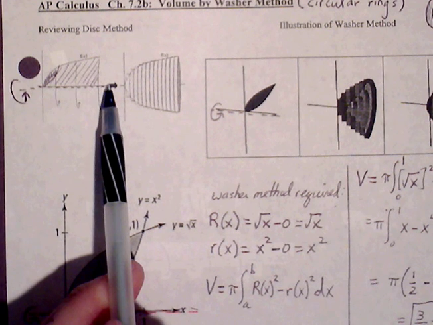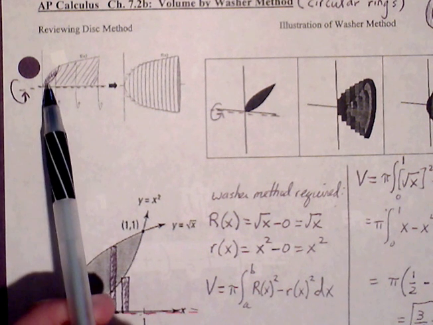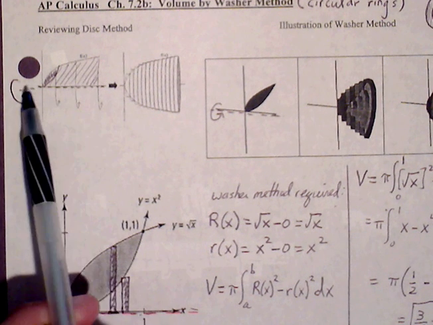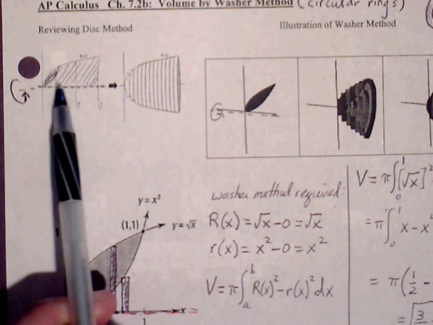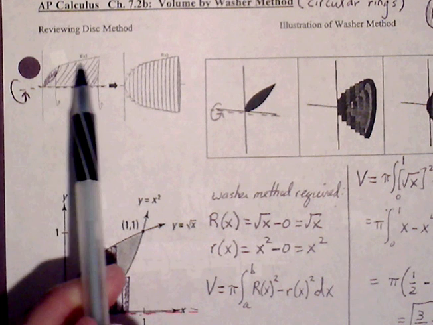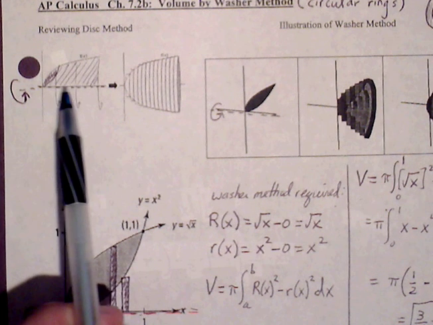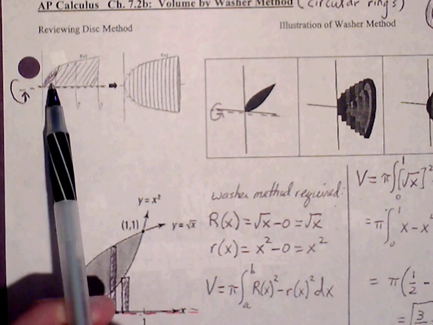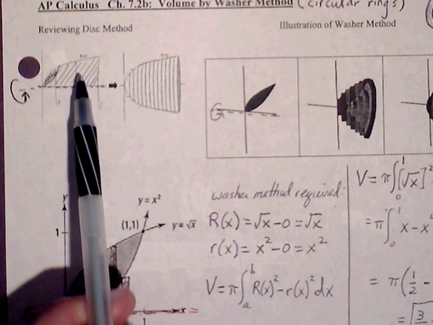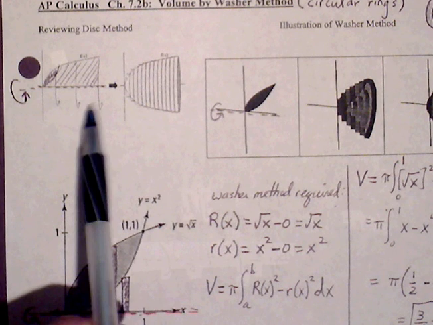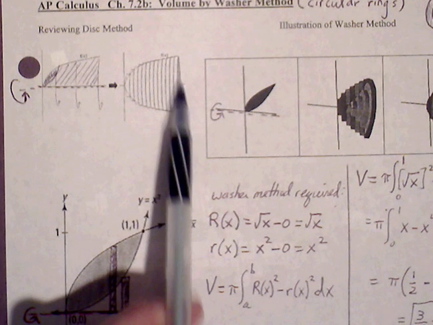The axis is y equals 0. Notice the shaded region compared to this axis. We don't see any gaps. This shaded region is right up against this axis for every point that we see. There's no gap in between. So when this is revolved around, there's not going to be any gaps, there's no holes within this object.